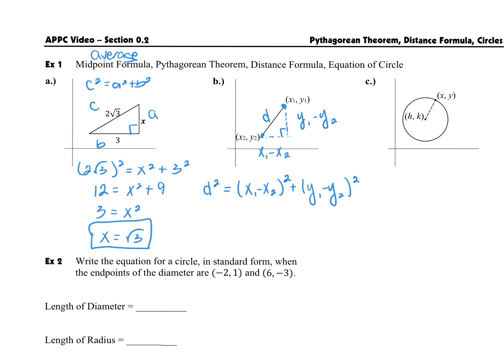And then if we wanted to actually write this as the distance, we would just take the square root of each side. So that is our distance formula. So if you find yourself forgetting the distance formula, just remember the distance formula is really just a Pythagorean theorem, but we have to calculate these legs instead.